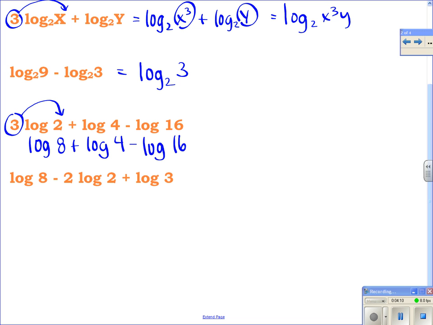So remember, addition means you're multiplying the 2 things when you put them together, and subtraction means you divide. So really this looks like this. Log 8 times 4 over 16, which simplifies to be log 2.